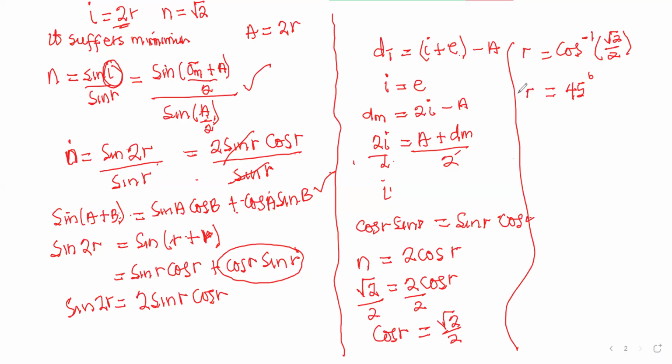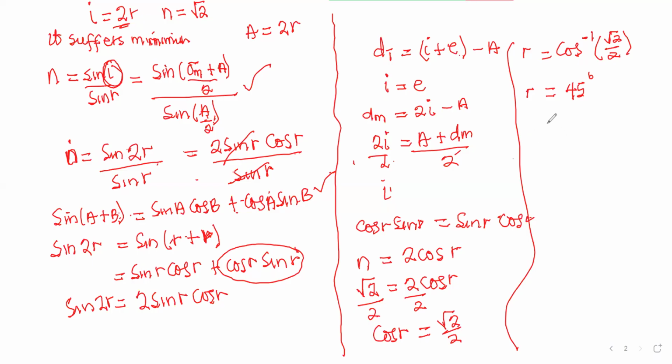What does the question demand from us? The question says, what is the angle of the prism when the ray is at minimum deviation?